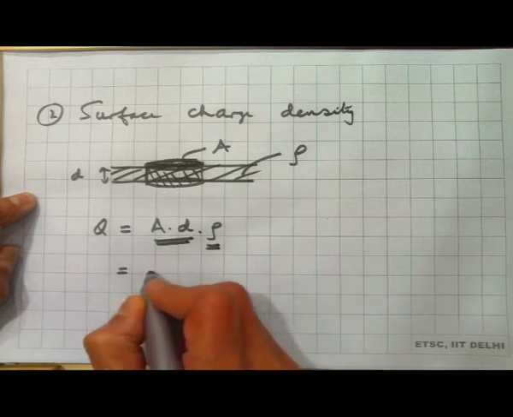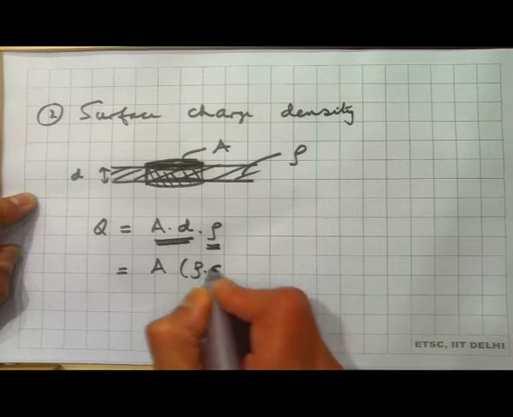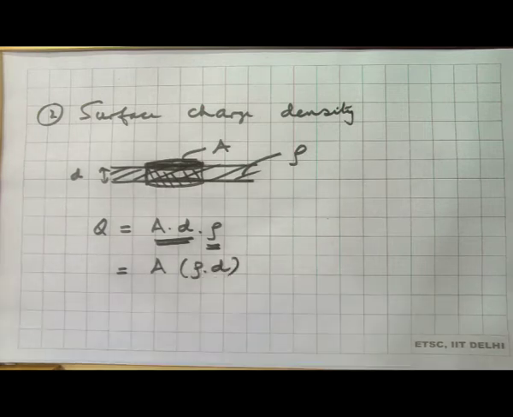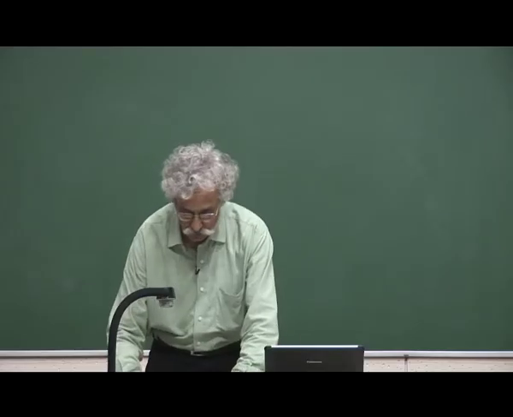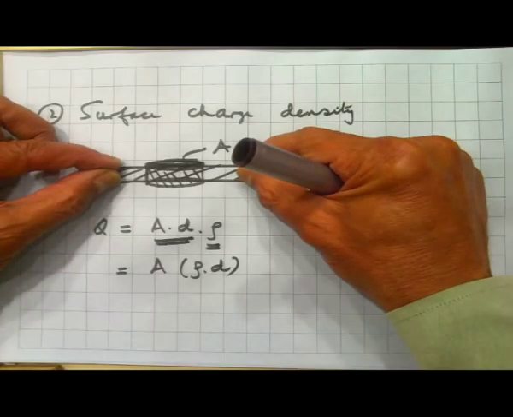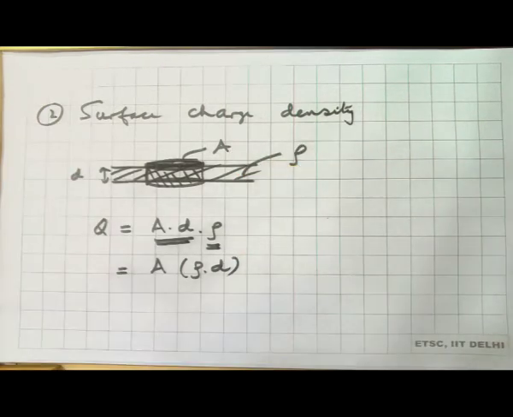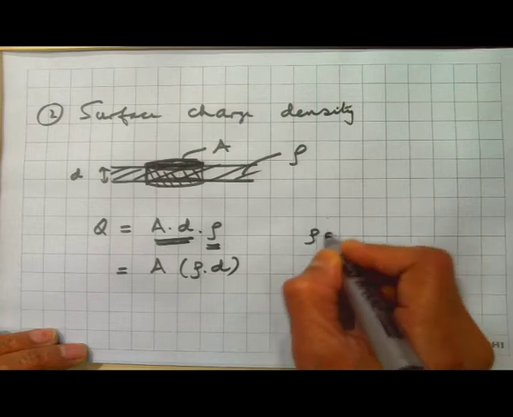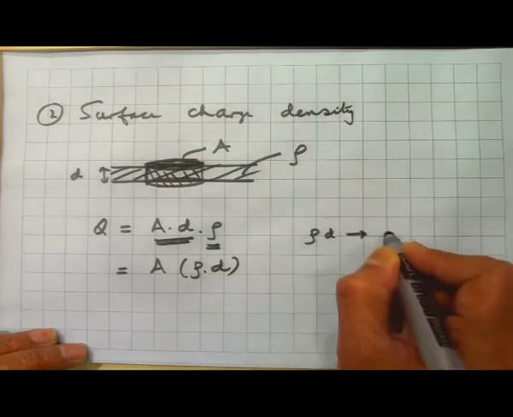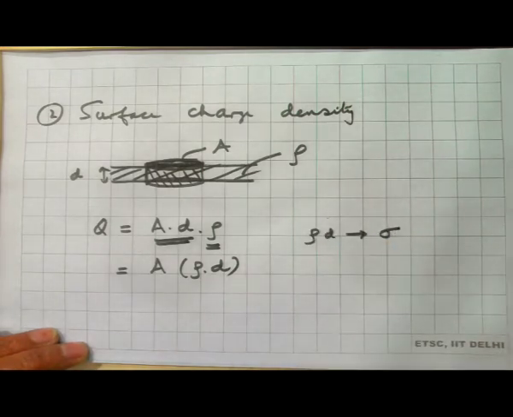Now, I write this like this, A times rho into d. Now, what I do is I let the thickness of this surface tend to 0, and at the same time increase rho to infinity such that rho times d is a constant, and this is called sigma.